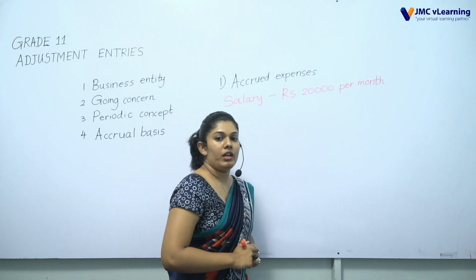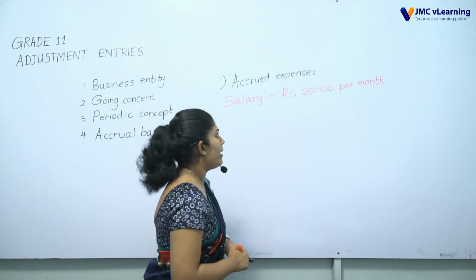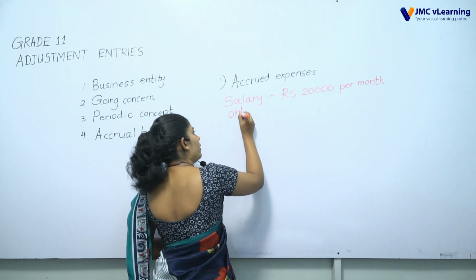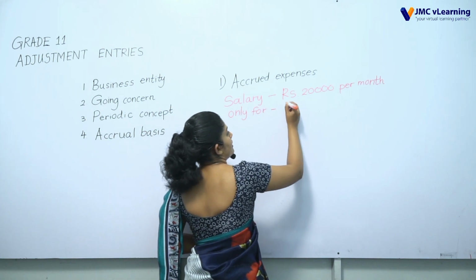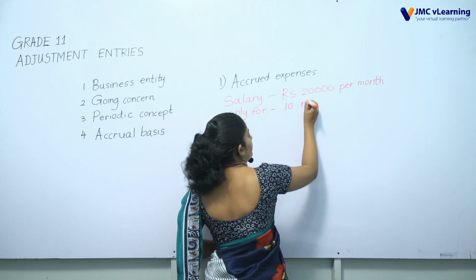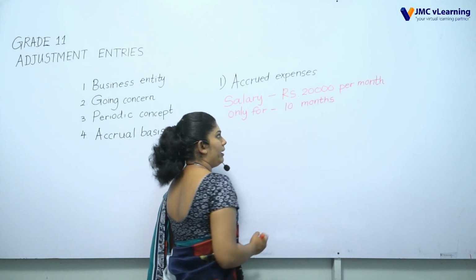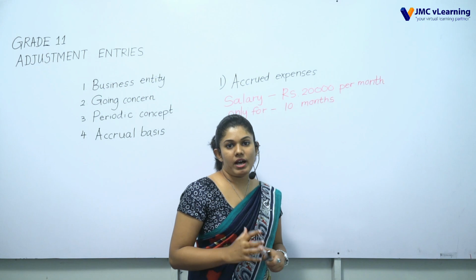I'm paying 20,000 per month, but I have paid only for 10 months. Normally, for an accounting period, we have 12 months.